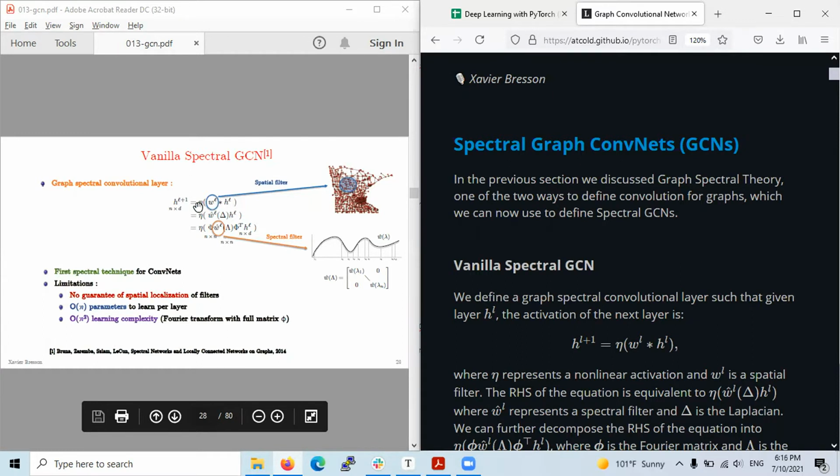This is pretty standard. On top of that, we have a nonlinearity, that is eta. But this convolution is not a straightforward convolution as we have seen before; it is converted into a Fourier transform multiplication. And in this Fourier transform multiplication, the Laplacian is factorized into its eigenvalues and eigenvectors.